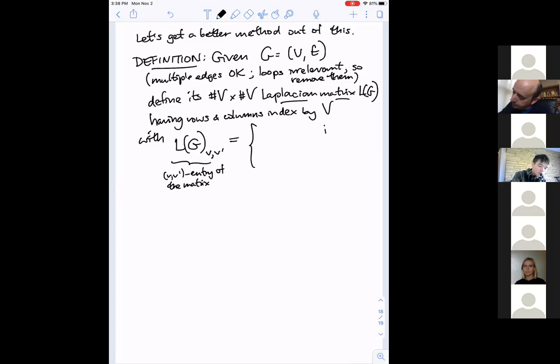If you're on the diagonal, so if V is equal to V prime, it's just the valence of V, the degree within G of V. So it's got the vertex degrees going down the diagonal. And when you're off the diagonal, V is not equal to V prime, so you've got V over here and V prime there. You just count how many multiple edges there are between them, the number of edges from V to V prime, and you take the negative of that number.